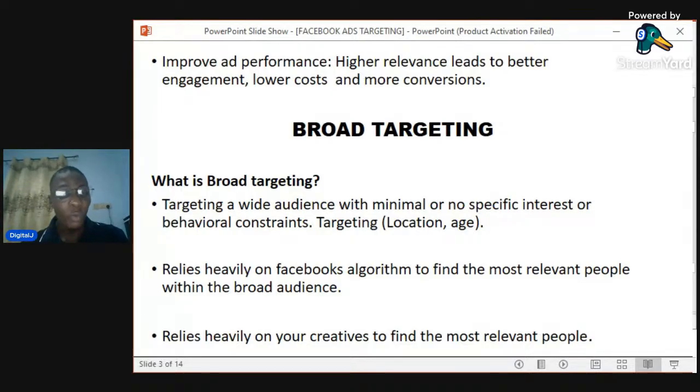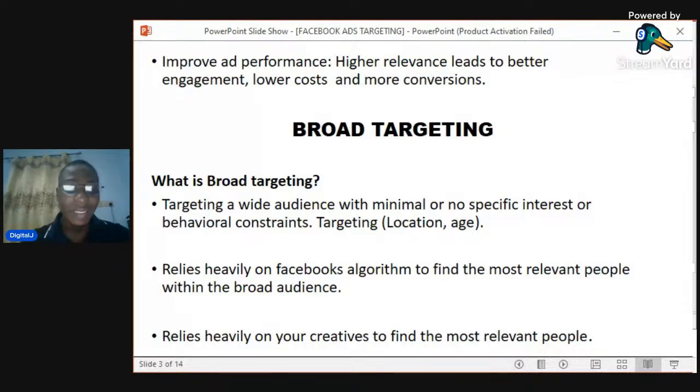And also, when you do broad targeting, your creatives matter a lot. Since you're not targeting based on interest, your creatives need to be able to pass the message across efficiently. Understand?